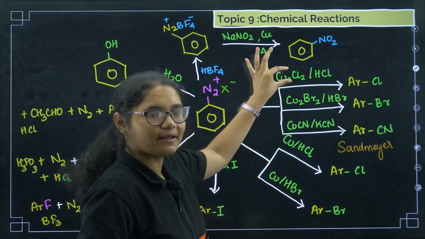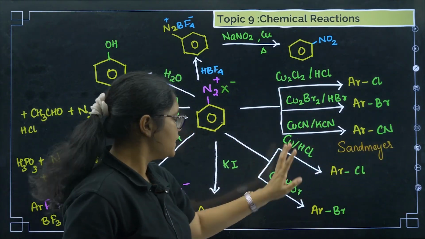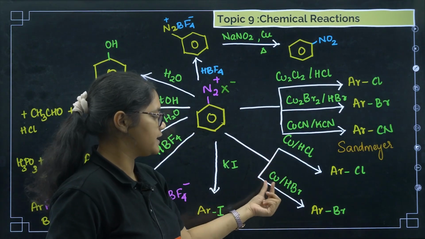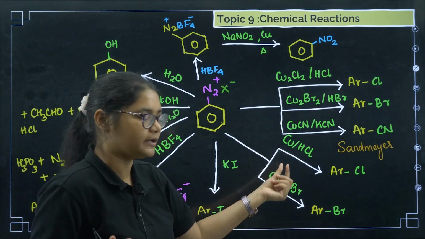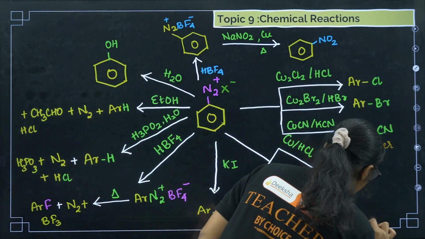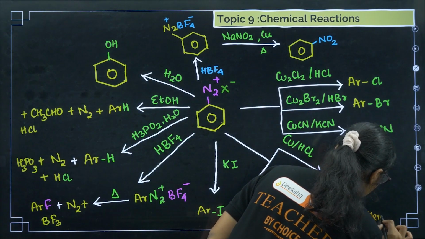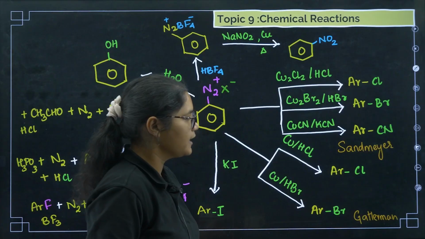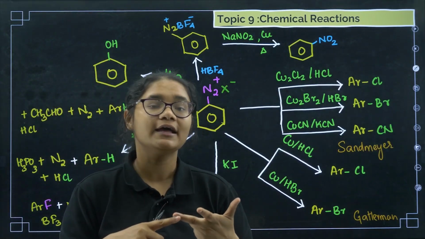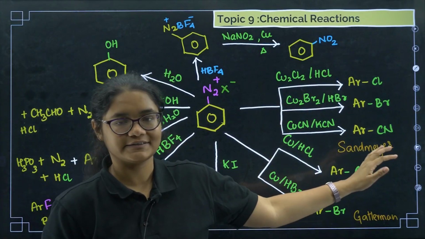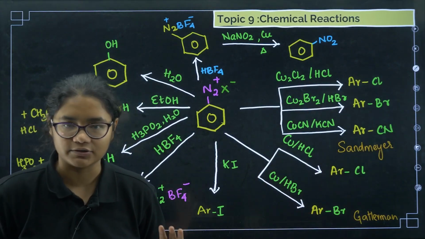If only metal is there, copper with HCl, copper with HBr, with no salt, it is pure copper metal, then it is called the Gattermann reaction. Clear? So to get chlorobenzene, bromobenzene or cyanobenzene, you can use either the Sandmeyer reaction or the Gattermann reaction.